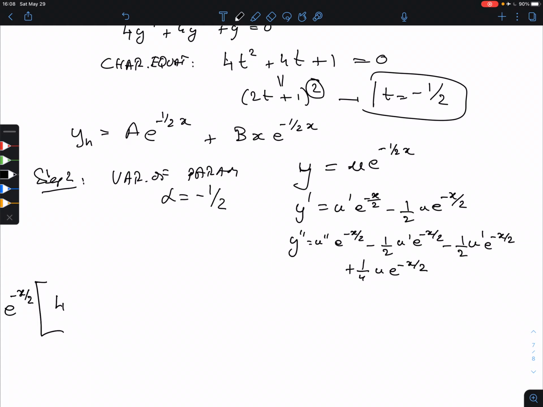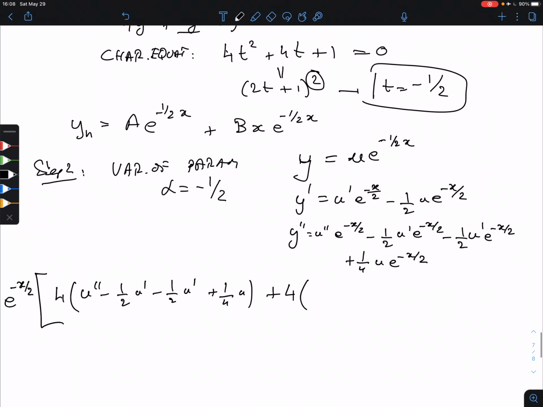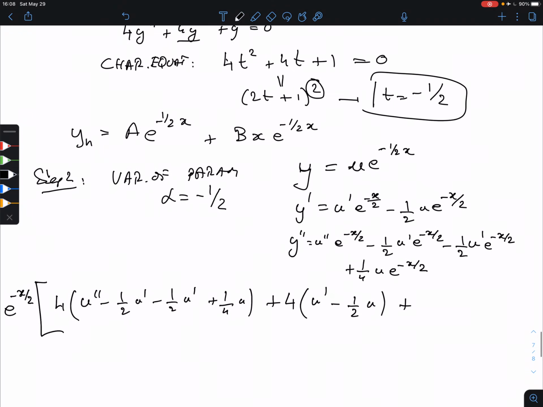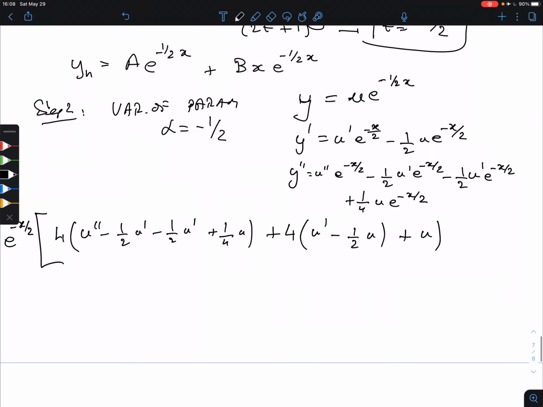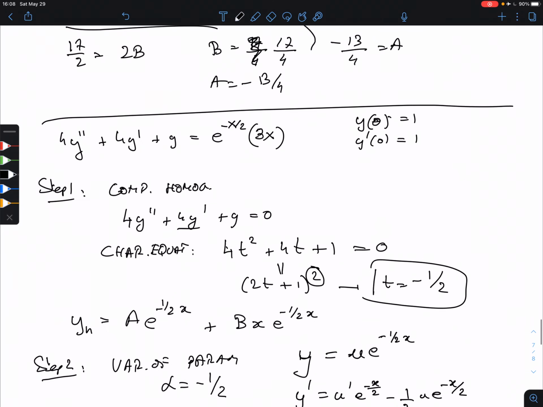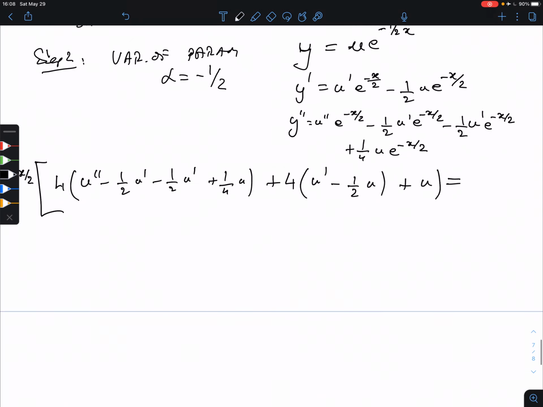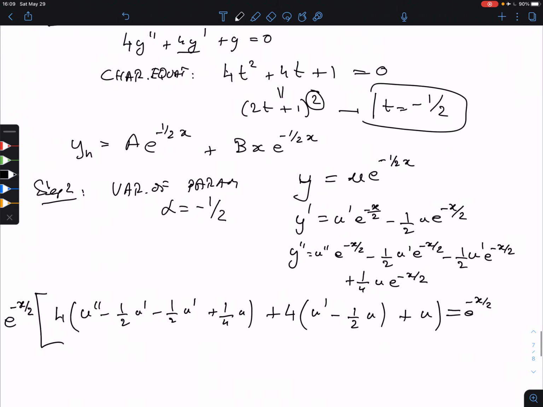I have 4 times y double prime, that is, there's a u double prime there, minus a half u prime, another minus a half u prime, and 1/4 u, plus 4 times y prime. That is, there's a u prime there and a minus a half u, and then just plus y, which is just a u, because I factored out the exponential part. And that is equal to this guy, e to the minus x over 2, what did I say, 3x? 3x.